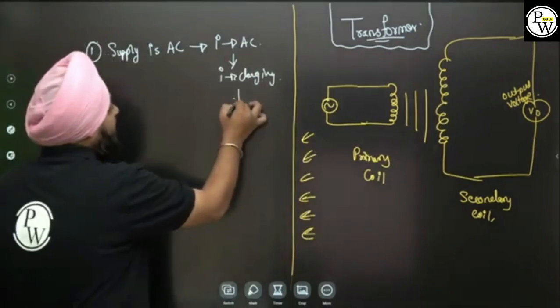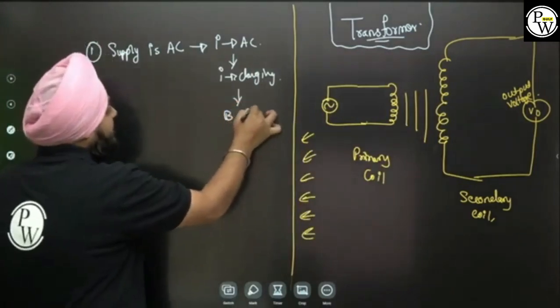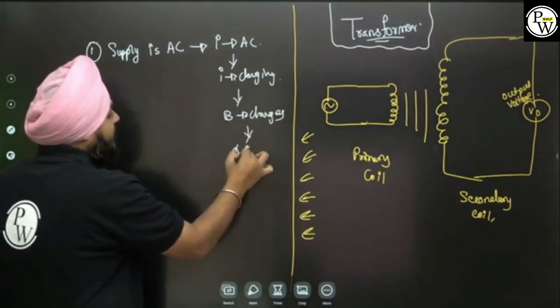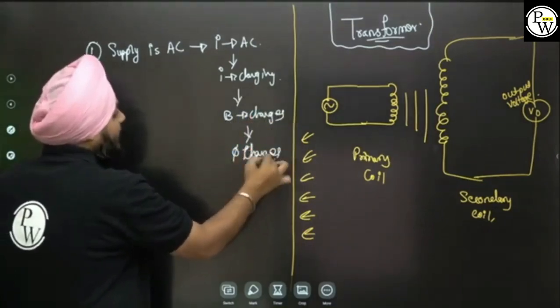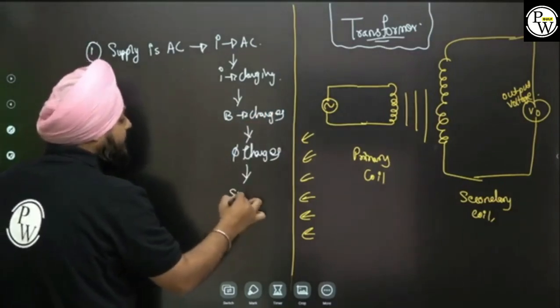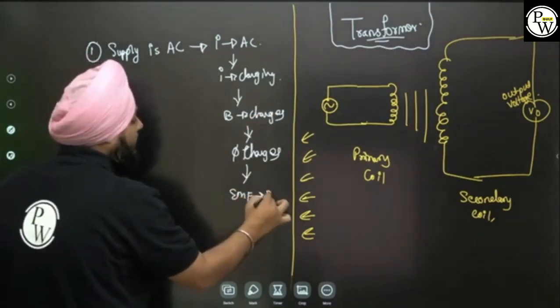Current was changing, the magnetic field changes, the flux changes. Because of this change in flux, EMF is induced in the secondary coil.